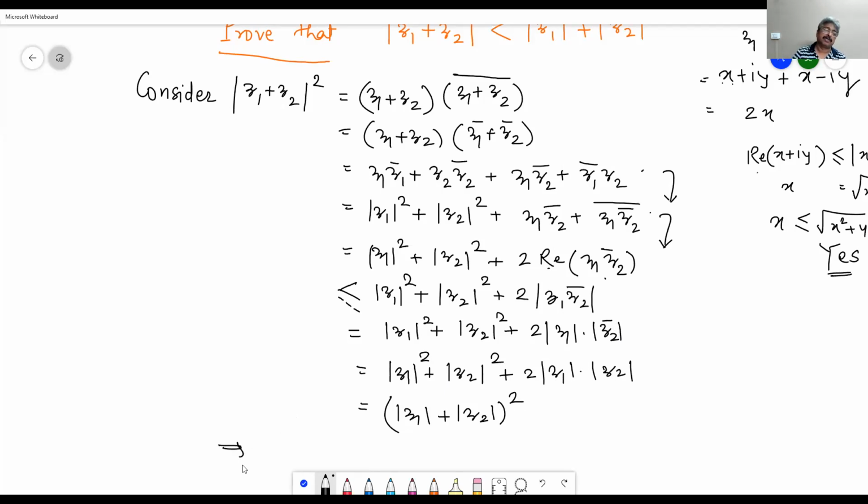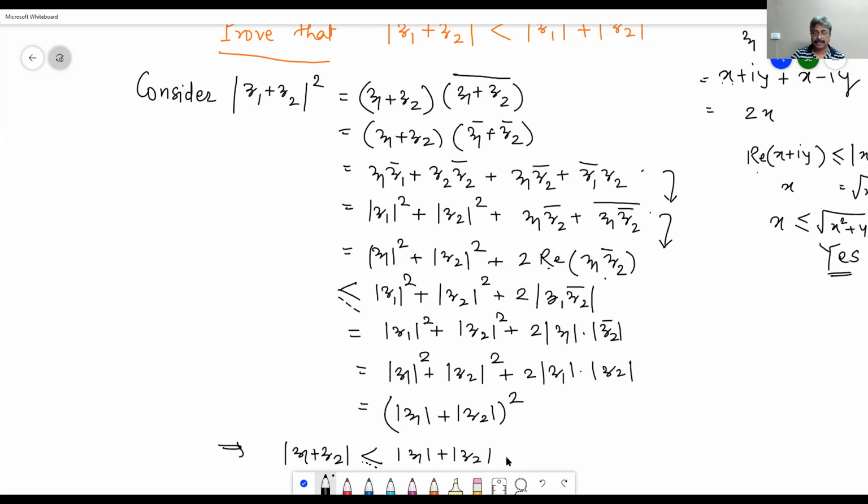This implies, because every number is positive here, mod z1 plus z2 is less than or equal to mod z1 plus mod z2.